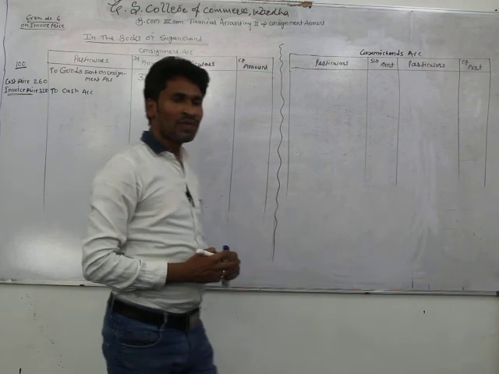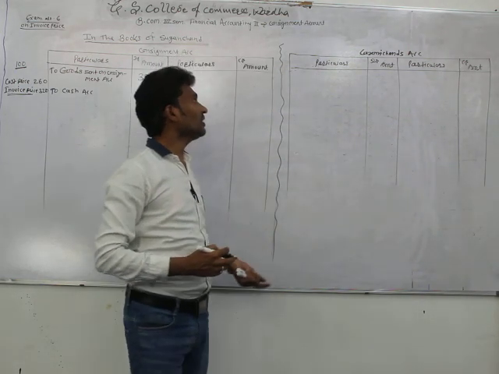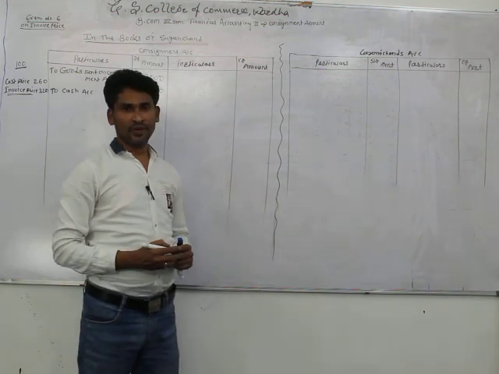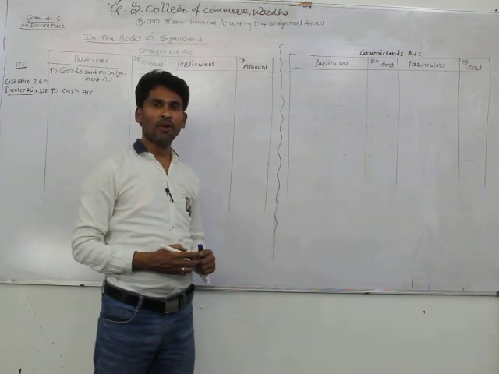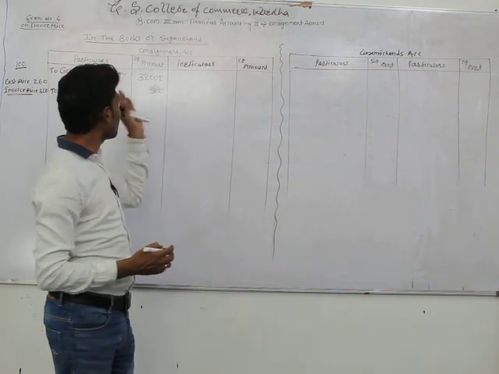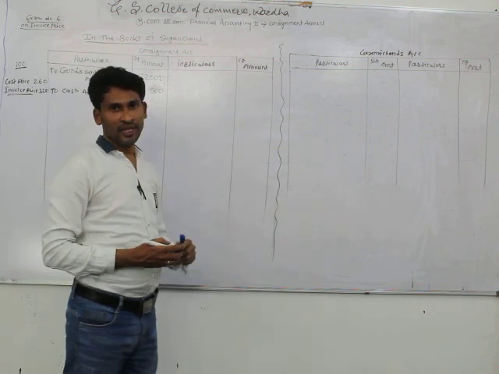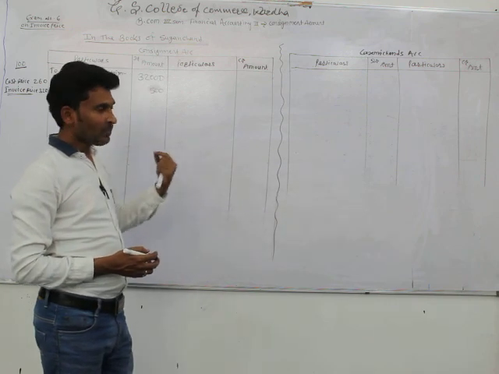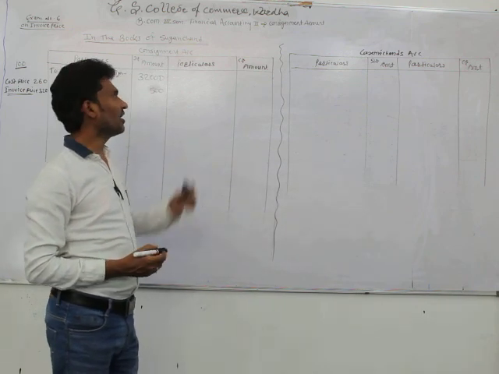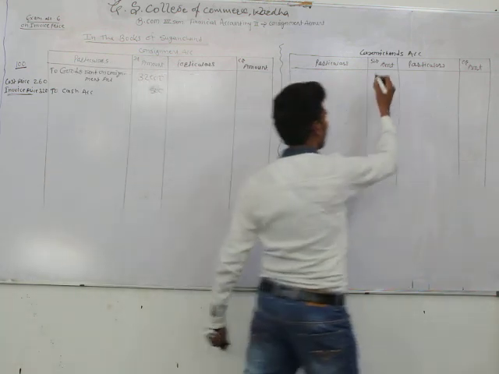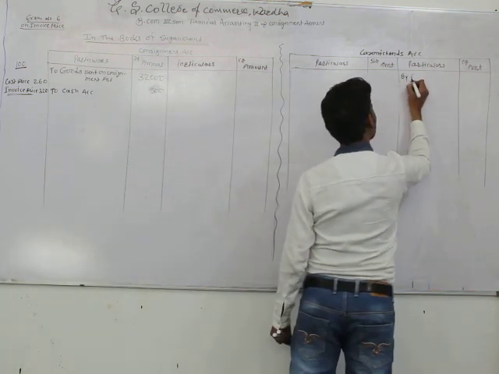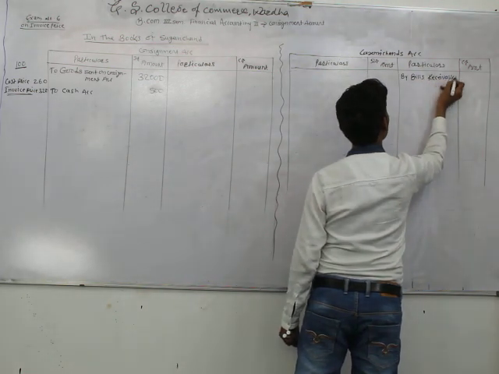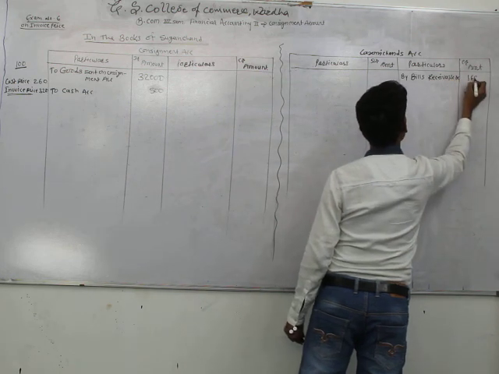The consignor drew a bill of rupees 16,000 on Lakshmi Chand, and Lakshmi Chand accepted that bill. It means the consignor drew a bill on the consignee. The consignor passed the journal entry: bills receivable account debit and Lakshmi Chand's account credit. So write at the credit side of Lakshmi Chand, by bills receivable account, rupees 16,000.